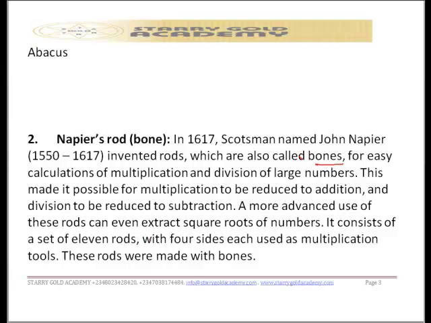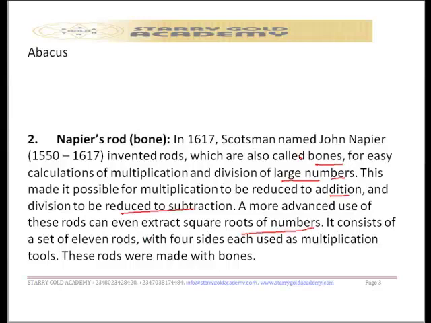This made it possible for multiplication to be reduced to addition and division to be reduced to subtraction. A more advanced use of these rods can even extract square roots of numbers.